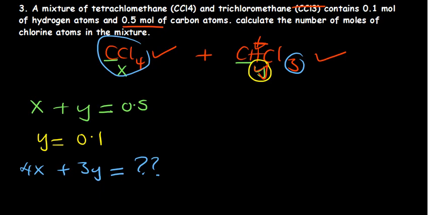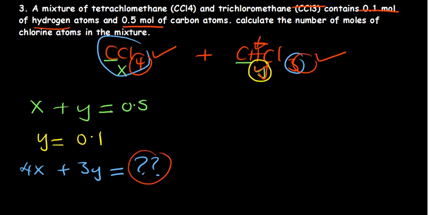Since we only had a single hydrogen, it is just y, equivalent to the 0.1 moles of hydrogen atoms in the question. Then the final relation denotes the number of chlorine atoms. In the first one, we've got 4. In the other one, we've got 3, adding the respective variables that represent them. So it's going to give us an answer if we find the value of x and y.